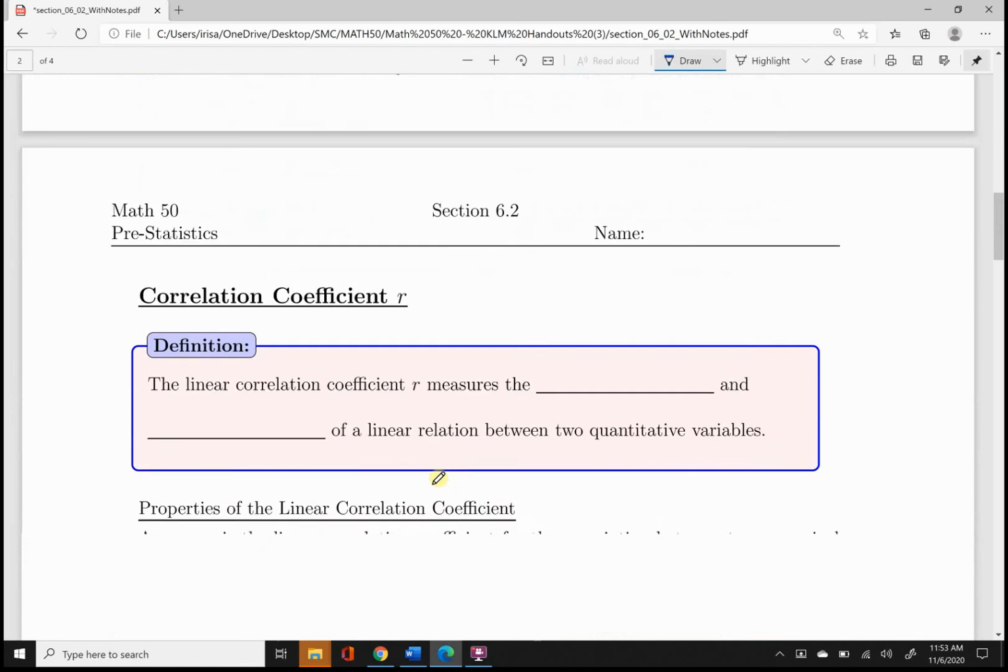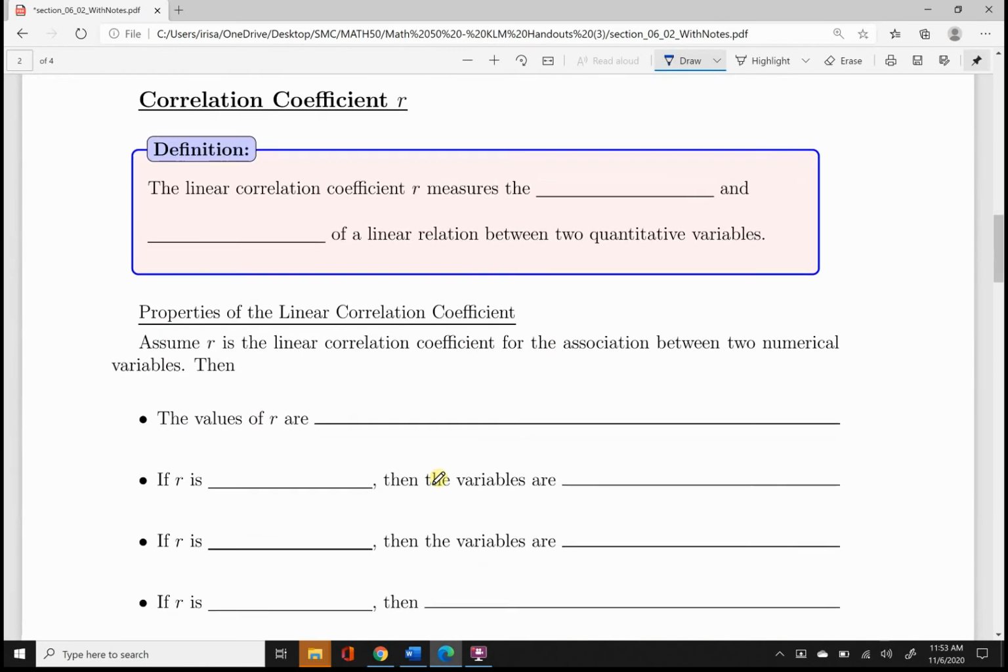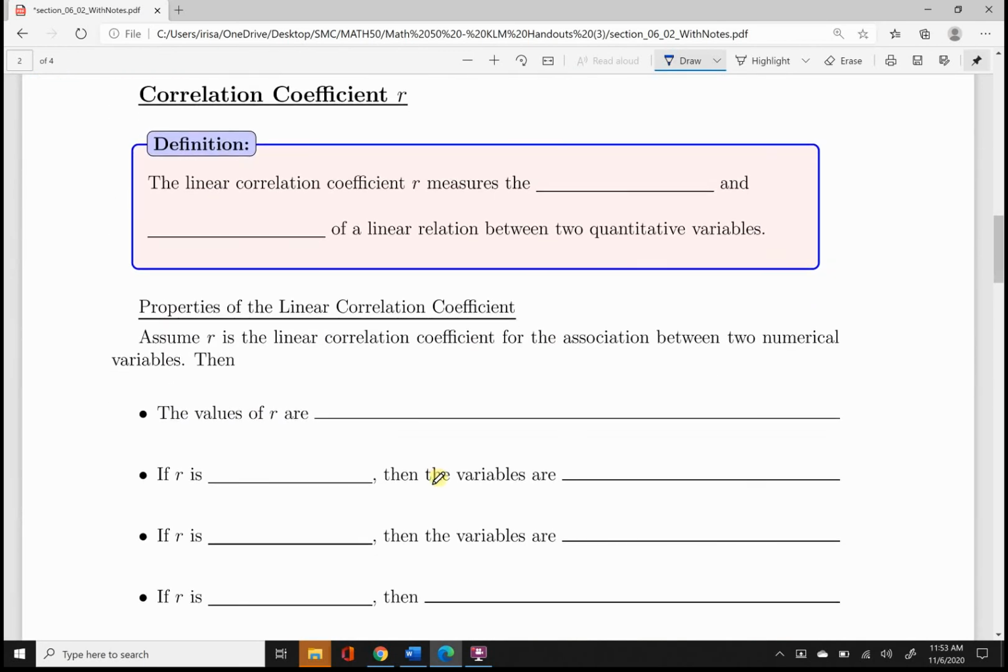Okay, so there are calculations that can be performed in order to determine the strength and type of association, linear relation, that two quantitative variables have, and that's going to be your R coefficient. So I want you to write strength and type in those first two blanks.